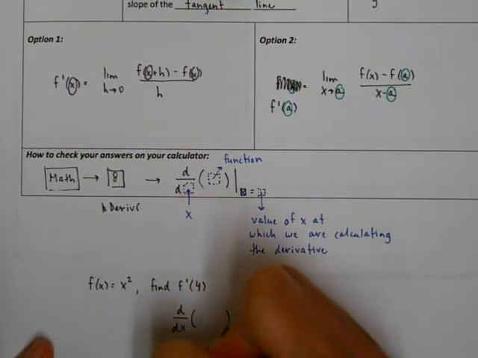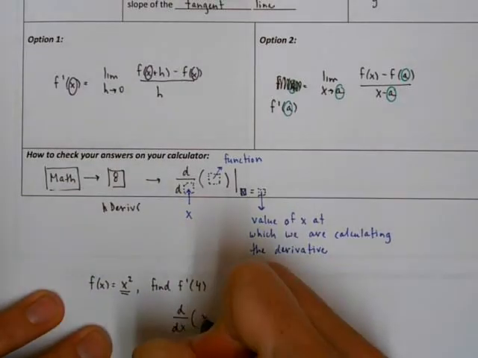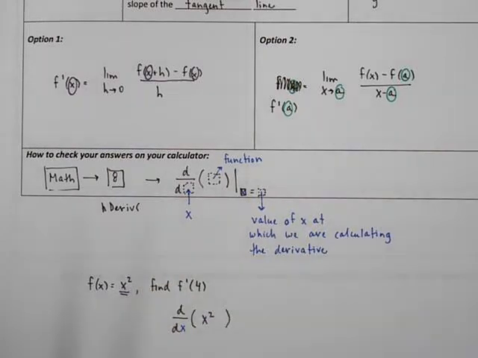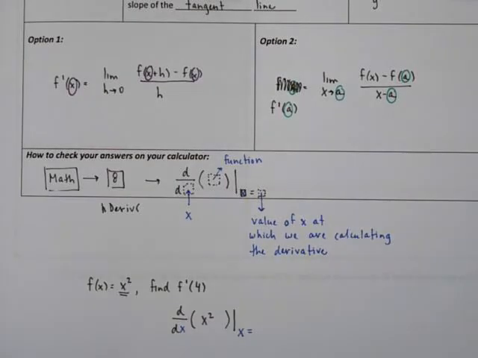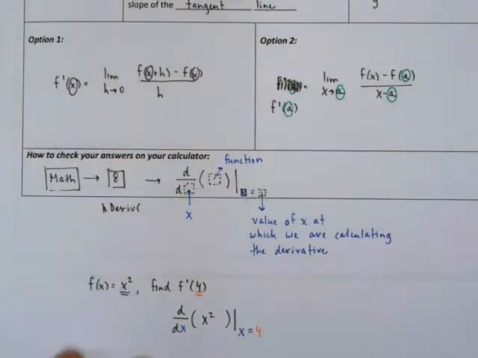In parentheses, we would type in f of x, which is x squared. In here, we would have x equals, and then we would type in 4, which would come from this value.